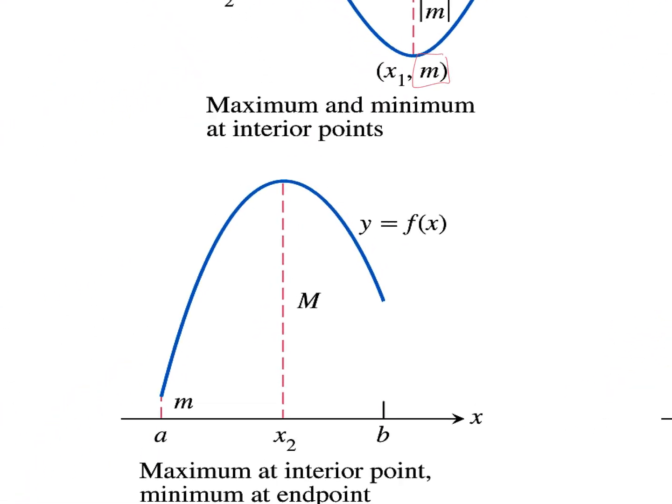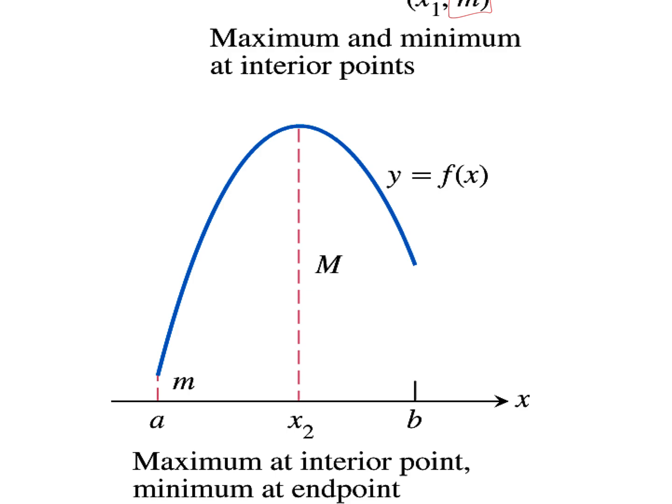All right, how about this one? Continuous? Yes. Two endpoints? Yes. All right, a max? Yes, happening up here. So here's our max. Now a min. There are two, but one is lower than the other.